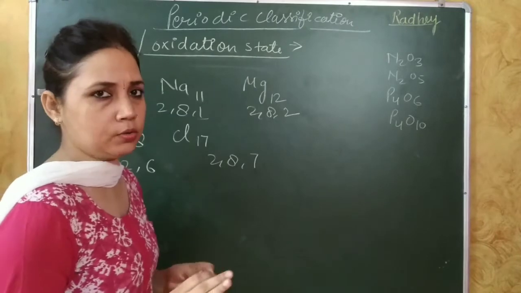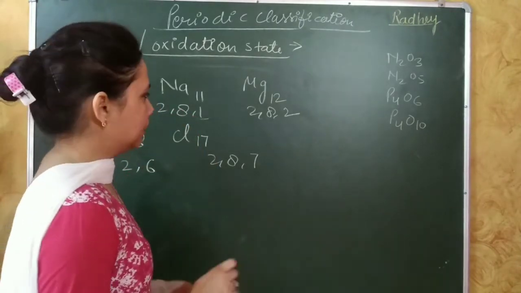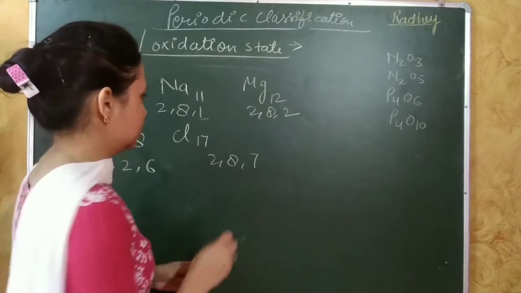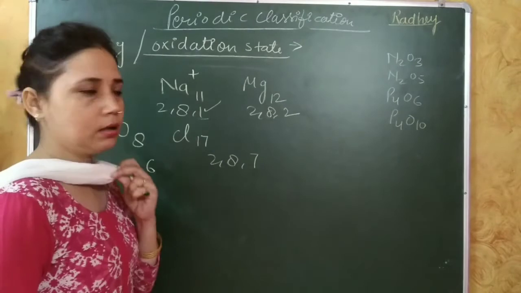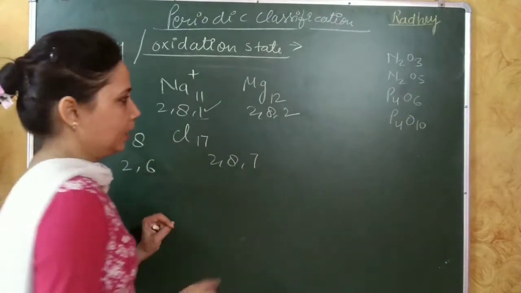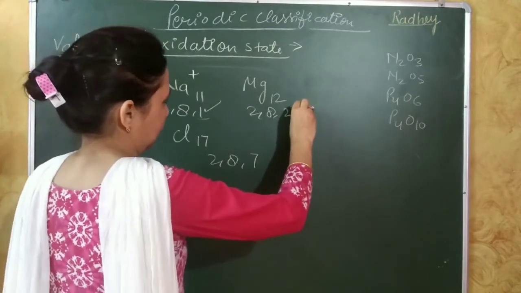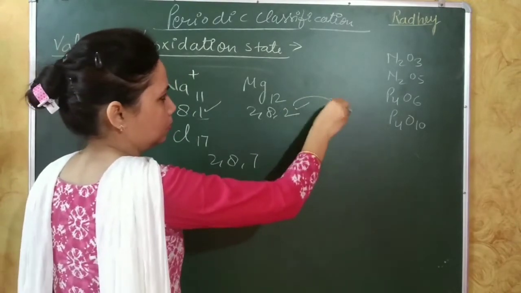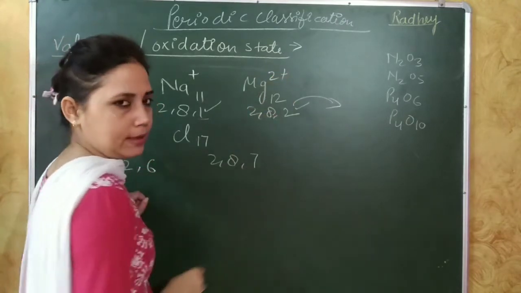Now here sodium has 1 electron. No one is going to give 7 electrons to sodium to achieve the noble gas configuration, so it is better to lose this one. So it will acquire a plus 1 valency. Magnesium also loses 2 electrons to another atom and acquires a plus 2 valency.